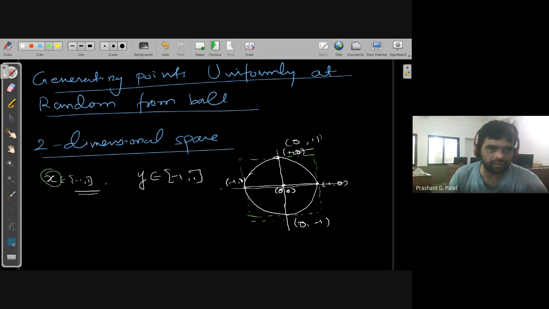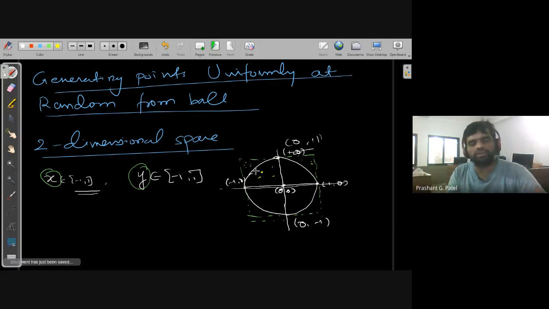So if you generate points here and points here, some points may fall here and some may fall here, but those falling outside the circle will not be considered. So we need to discard all the points which are outside the unit circle and project the remaining points onto the circle. Whatever remaining points are there, we work with those.